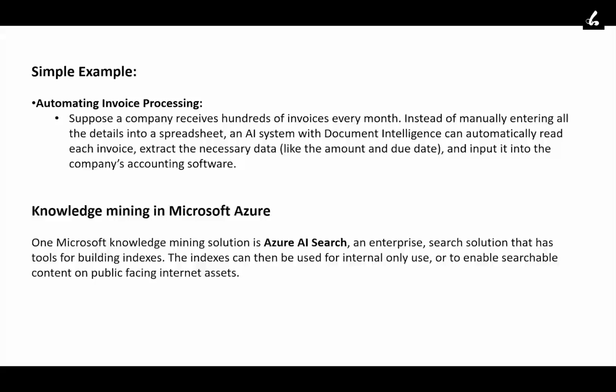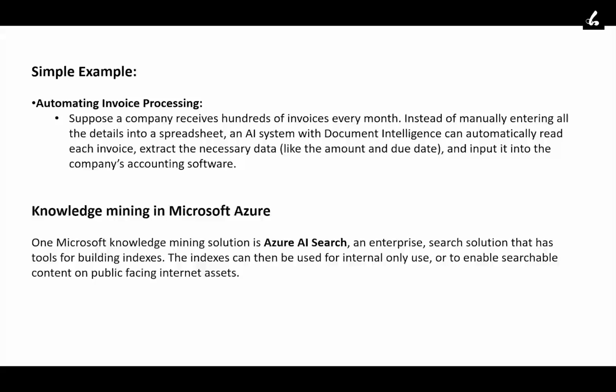This is an example of document intelligence, and it can extract the data which is important to us. But now, talking about knowledge mining in Azure, one Microsoft knowledge mining solution is Azure AI Search.